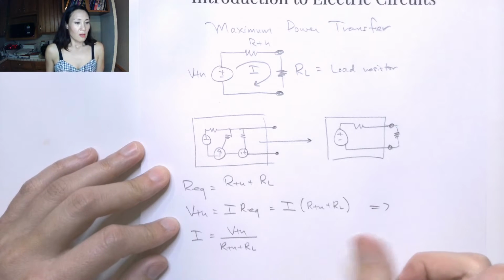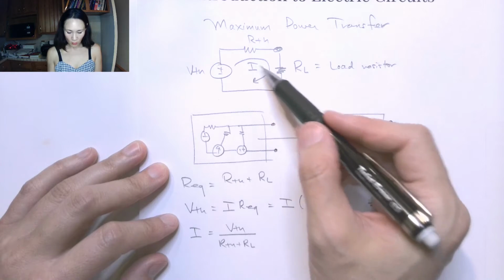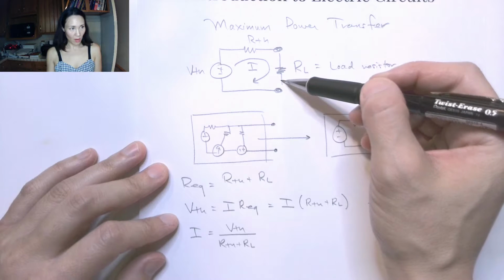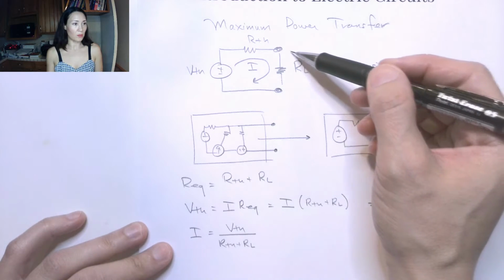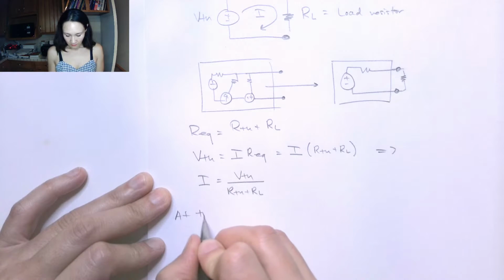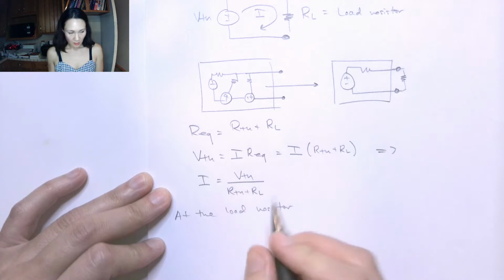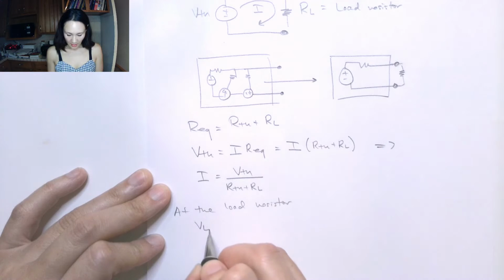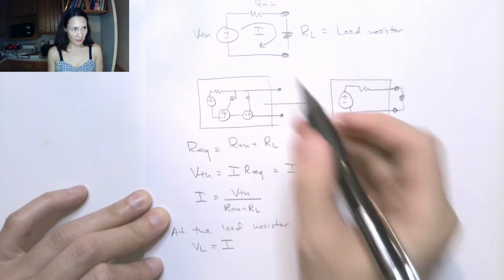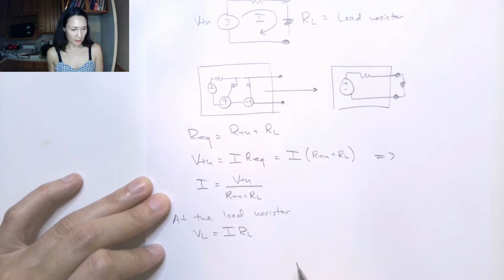Okay, great. So if I can come up with an equation for the current, I can now find the voltage drop across this load resistor by using Ohm's law at this resistor here. At the load resistor, the voltage drop VL is given by Ohm's law: I, because I is the same everywhere in the circuit since it's in series, times the load resistance.